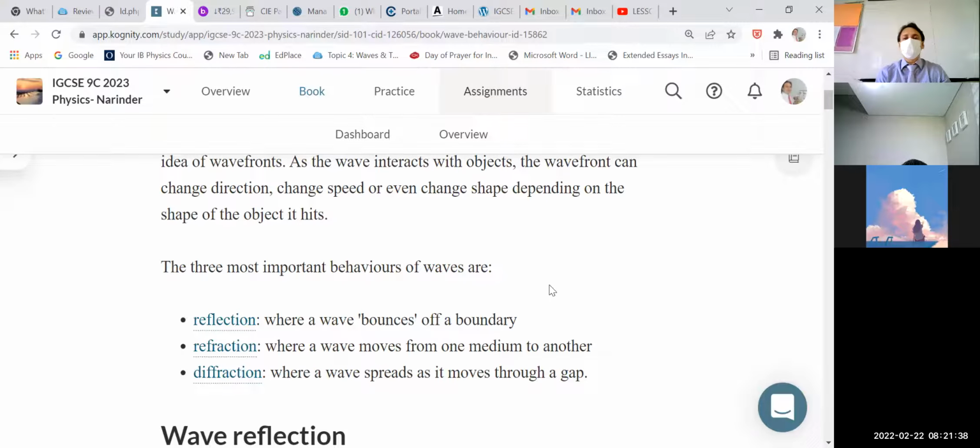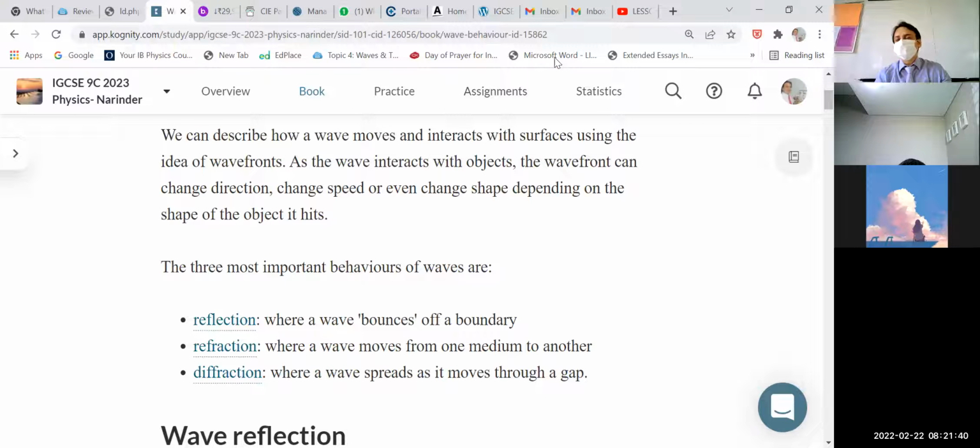You know, children, just recall you have studied in your science classes in grades 6, 7, and 8 about the reflection and refraction of light. Reflection means the bouncing back of light in the same medium. What about refraction? Refraction means the bending of light when light moves from one medium to another medium.